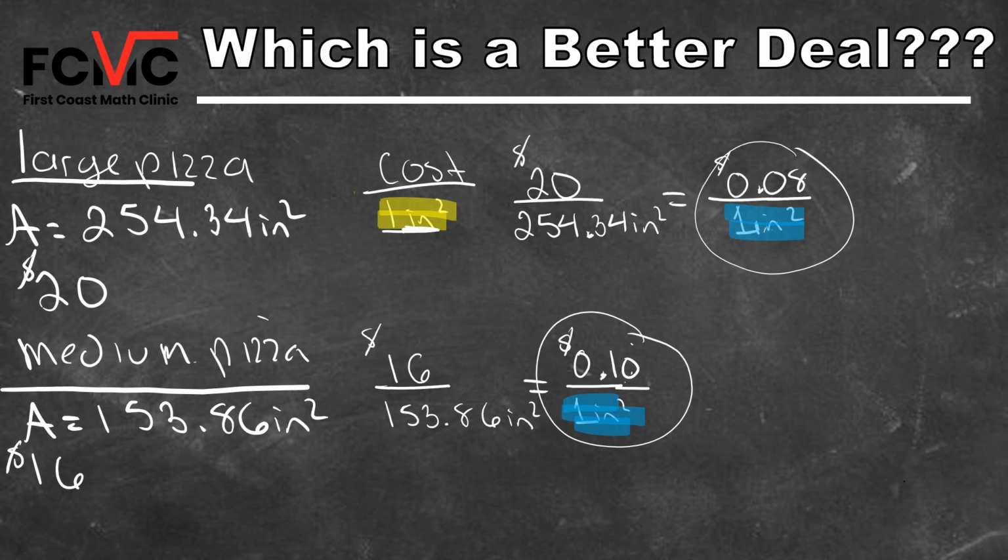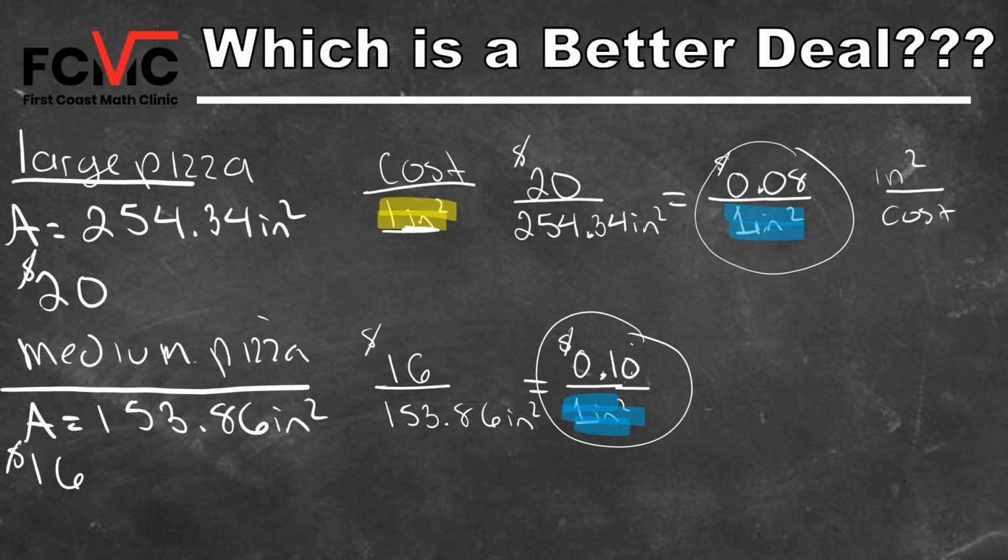If we want to look at this a different way, we could also say, well, how much pizza does $1 get us? So in that way, we're going to be dividing our inches. Let me write that a little differently. We can divide our inches squared by our cost.